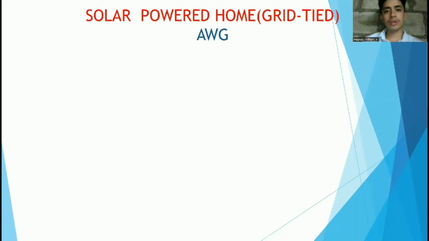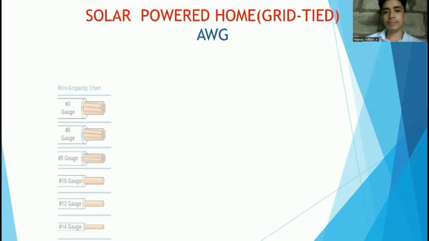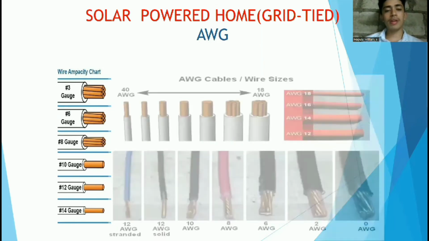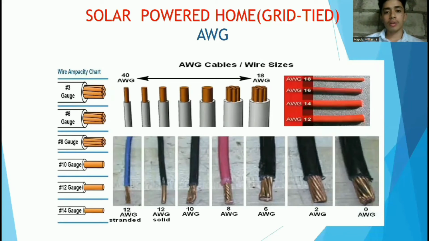Next is the solar powered home, AWG, which means American wire gauge. For American wire gauge naman, if the wire number is high, ibig sabihin manipis yung wire na nakapaloob dito.